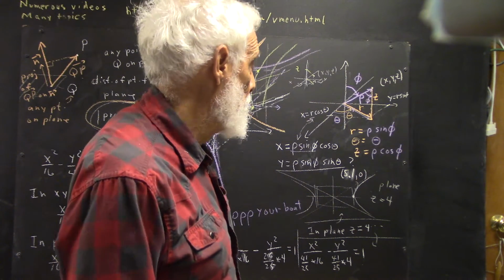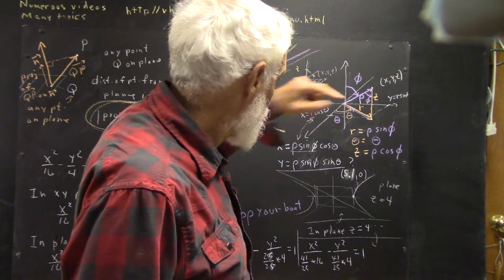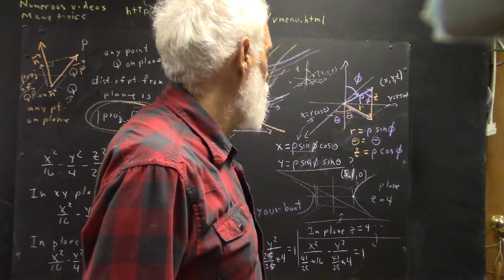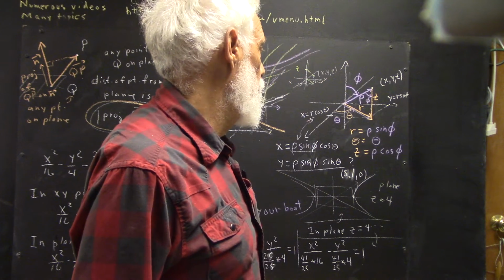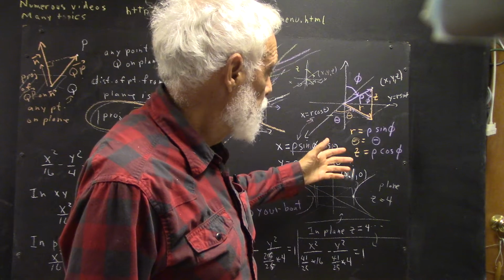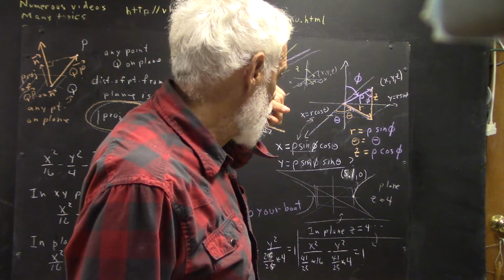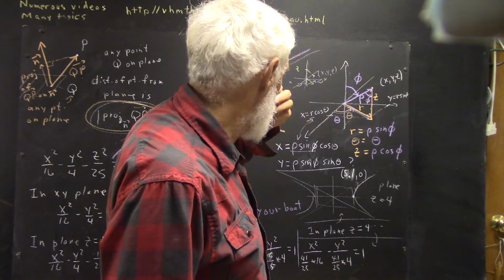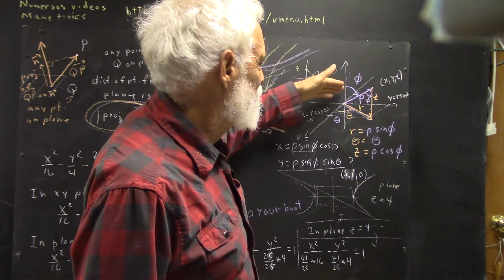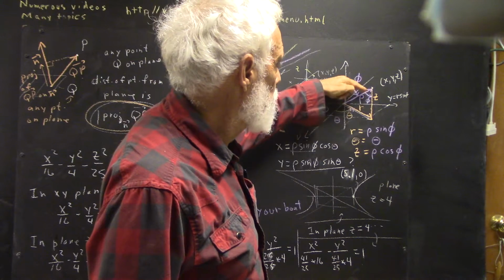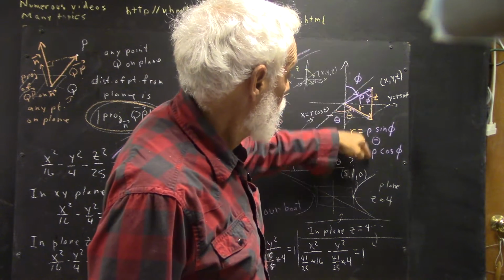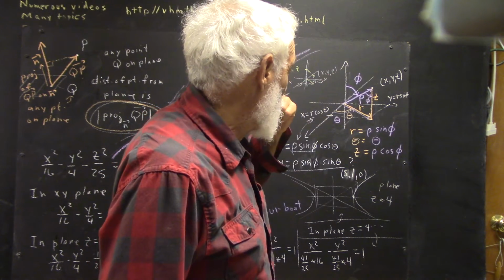Okay, so knowing theta and rho, that still doesn't tell us exactly where the point is, because we've gotten our theta by projection, but this point could be anywhere above or below that projected point.